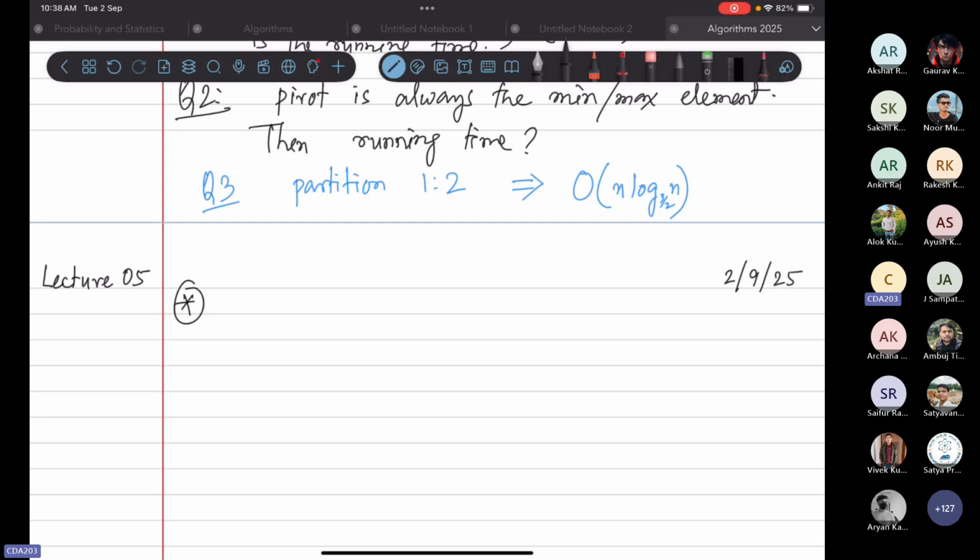Let's try to classify here. When are you going to get this n log n running time, and also, when are you going to get n squared running time?